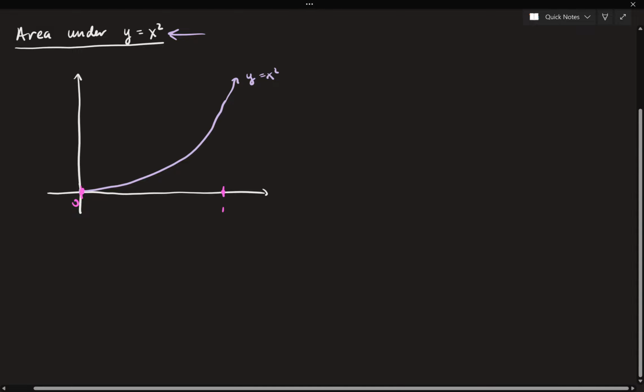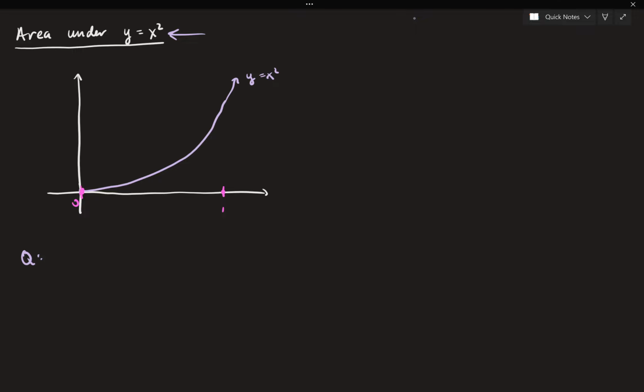Remember the idea behind Riemann sums. We'll map out our game plan. We're going to do the Riemann sum for left. Actually, we'll do right.